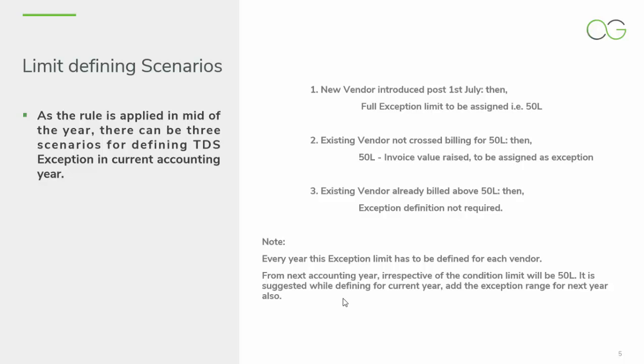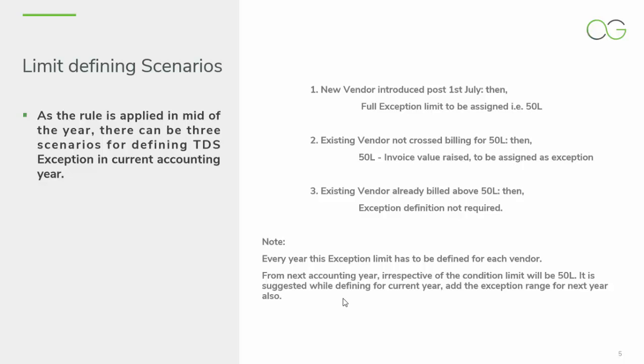That is, suppose from the period of April to July, invoices are raised worth rupees 20 lakhs. Then in that case 50 lakhs minus 20 lakhs, 30 lakhs, needs to be assigned as an exception for that vendor. Third scenario is any existing vendor for which bill is already raised above 50 lakhs. In that case, exception definition is not required.